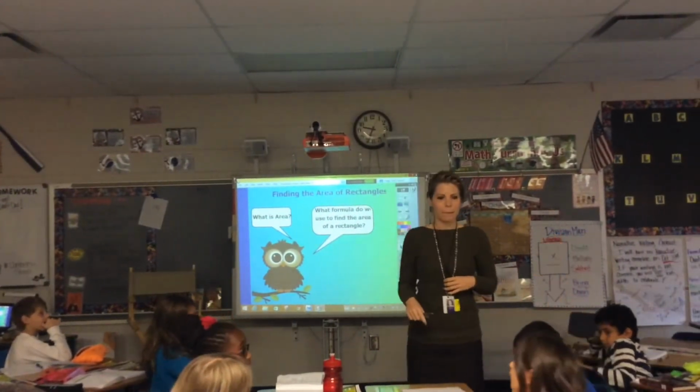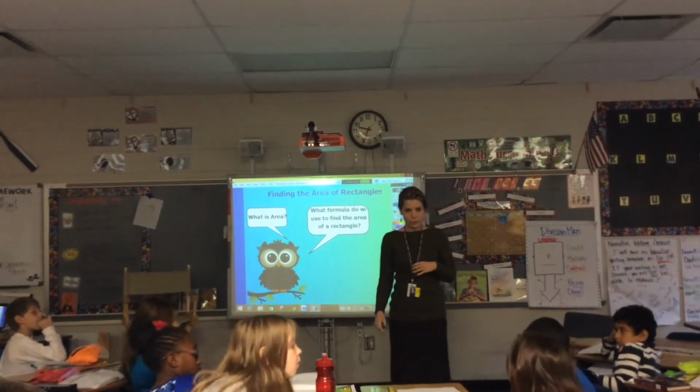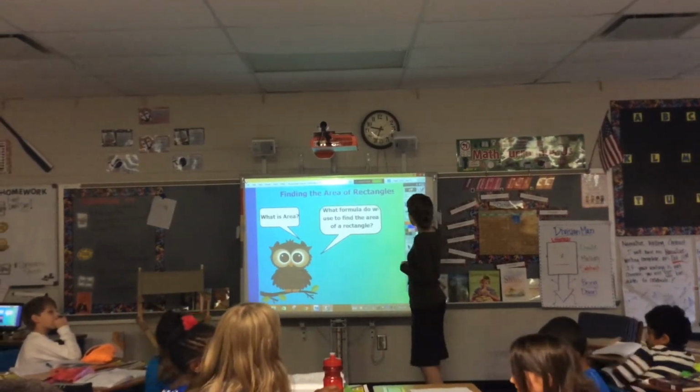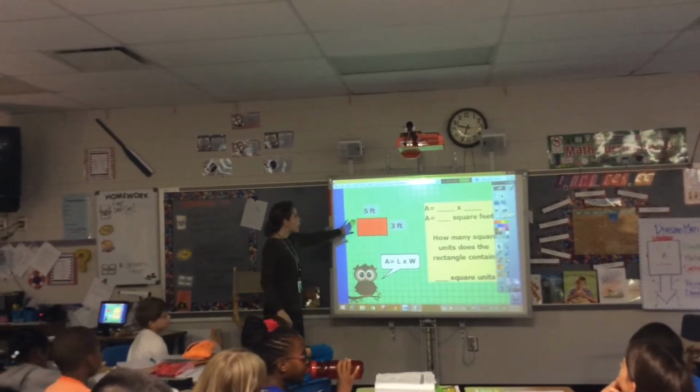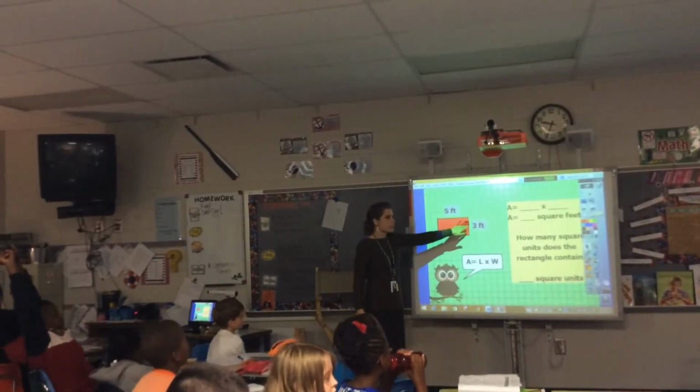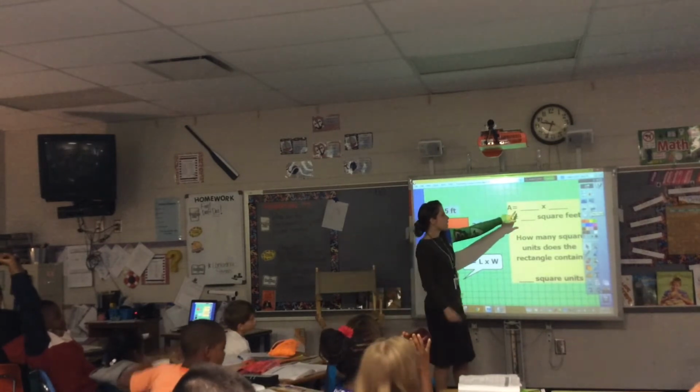Riley. The formula is length times width. That's right. Fantastic. Okay, so here's our first square. 5 and 3 feet. How are we going to fill out this one?